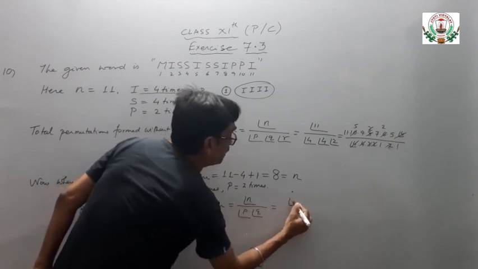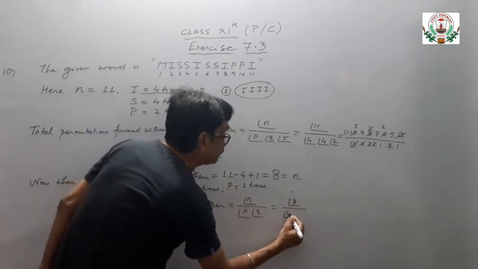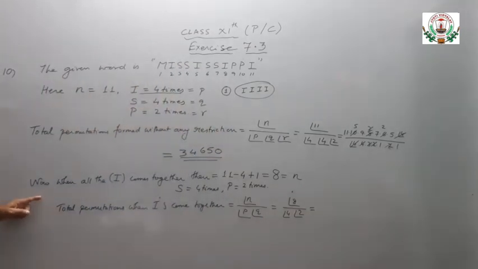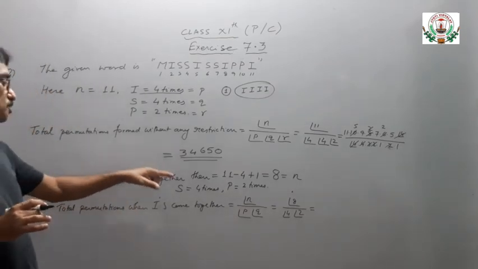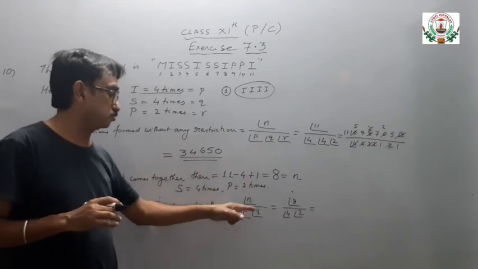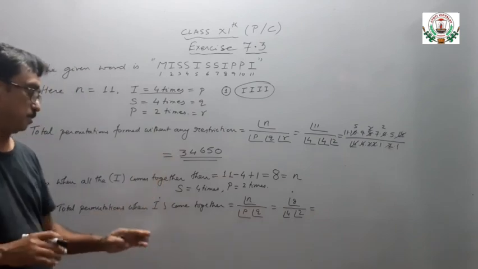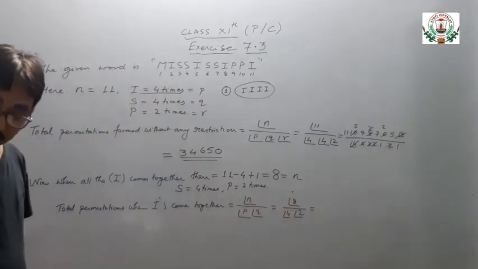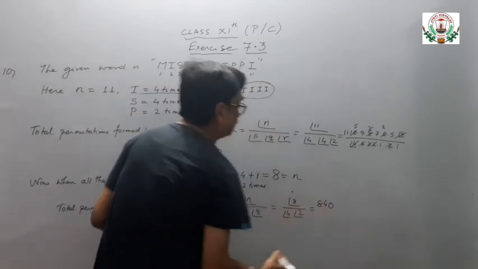The number of letters becomes 8, and among those 8 letters, S is repeating 4 times and P is repeating 2 times. So factorial 8 upon factorial 4 into factorial 2 equals 840 when we calculate it.